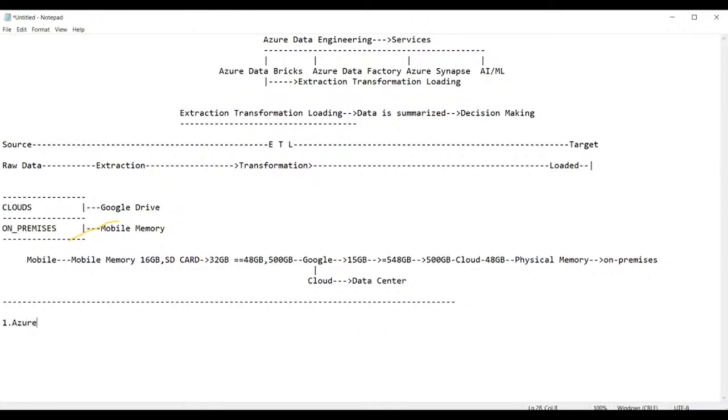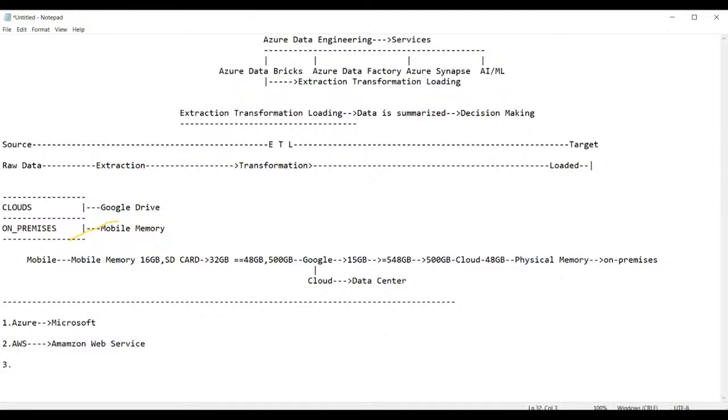The first one is Azure. Azure is a cloud provider from Microsoft. Microsoft is marketing its cloud product with the name Azure. The next provider is Amazon, or AWS, which stands for Amazon Web Services.